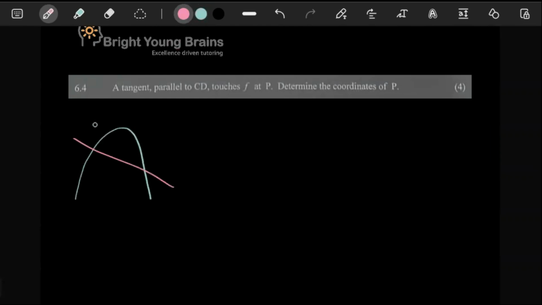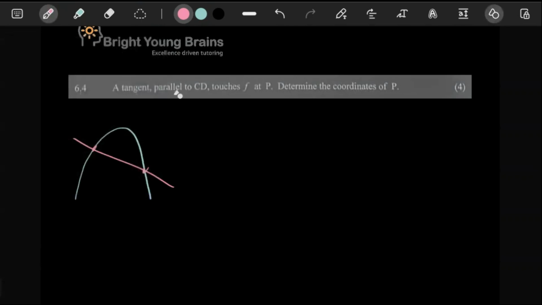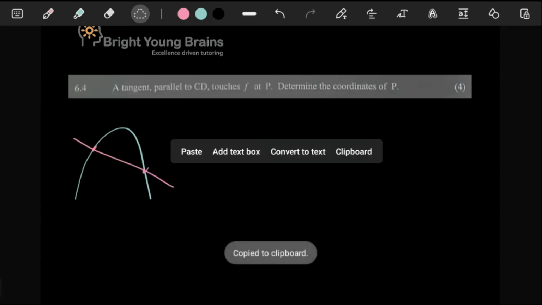We have the straight line that we got. They said our tangent is parallel to our straight line, and that we should get the equation of the tangent where the point of contact is P. To make things easy, we're going to have a tangent parallel to this line, so let's just copy this line here.